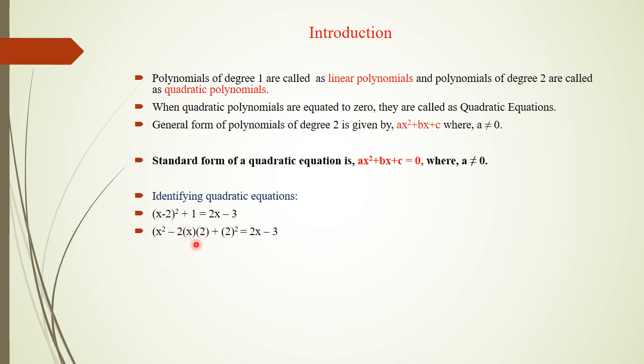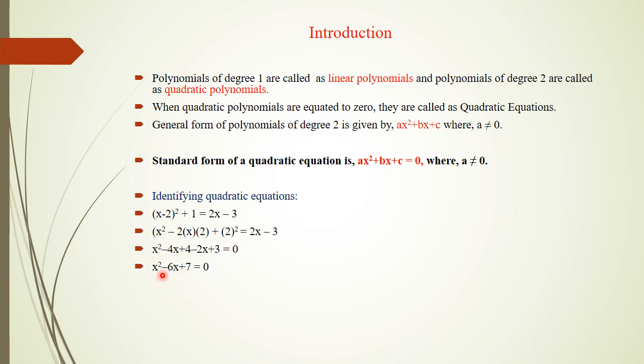When I further simplify this, x square I'll keep as it is, 2x into 2 will be 4x, plus 2 square is 4 here, and when I bring these terms to the left hand side, plus 2x will become minus 2x and minus 3 will become plus 3, and that is equal to 0.